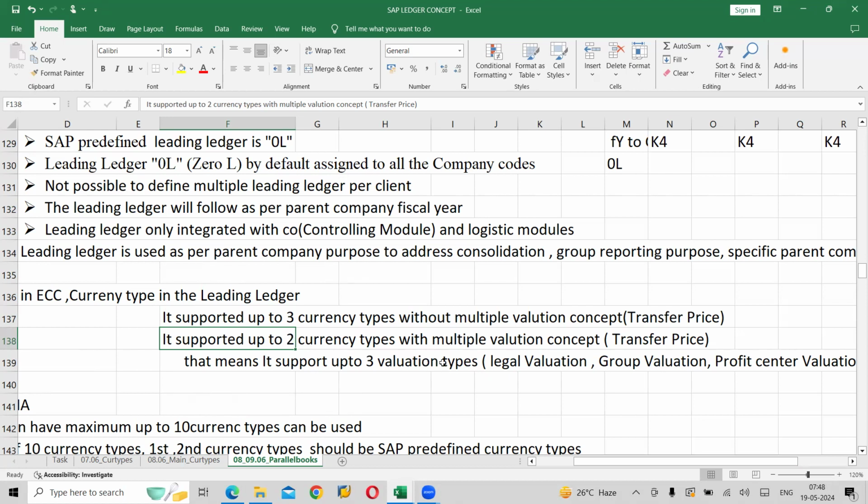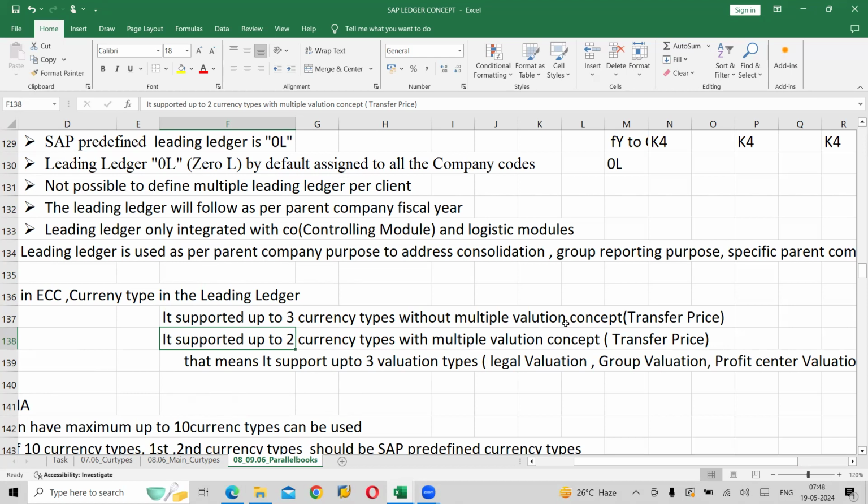So whenever we are using these 3 valuations, then ECC will support only 2 currencies. Remember that. Clear? How many currency types will ECC support? Normally people will say 3 currencies. It's not correct. It supports up to 3 currency types only without multiple valuation concept.